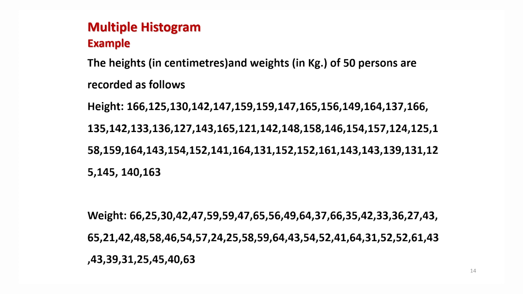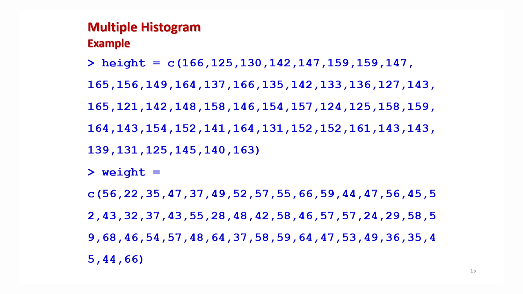So, now I try to take a similar example. The heights and weights of 50 persons are recorded as follows. These are the heights and these are the weights of 50 persons. Now, I want to create the histogram of height and weight on the same graph, right. So, I try to store this data in a data vector height, and then I try to store the weight data in this data vector, right.